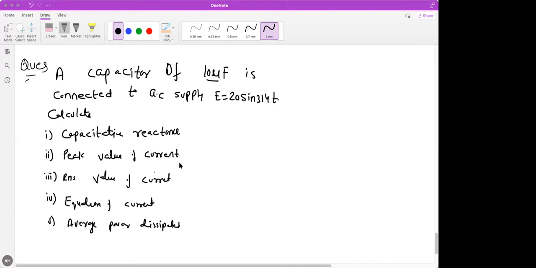Okay, Noor. Correct. First is correct. See, if dividing by 314 is taking too much time, you can just write in terms of 314 only.